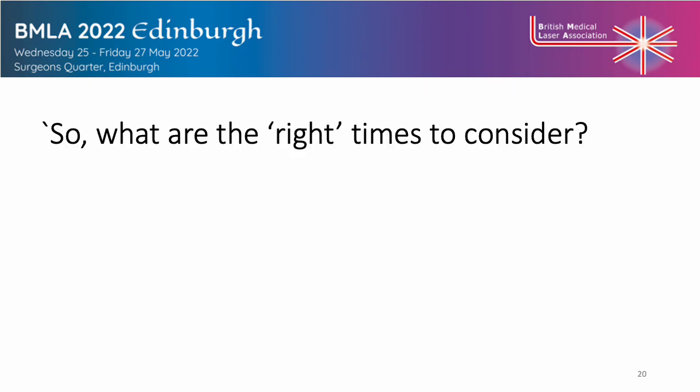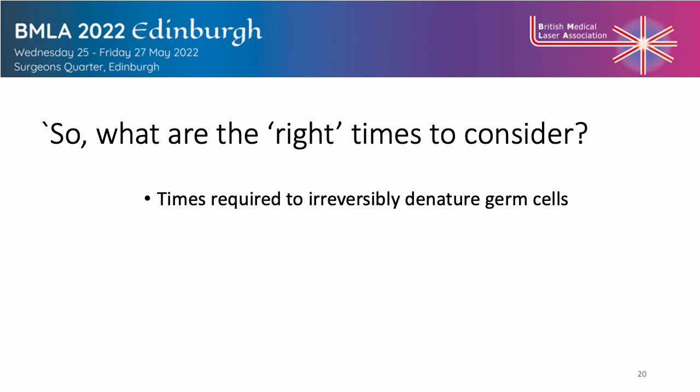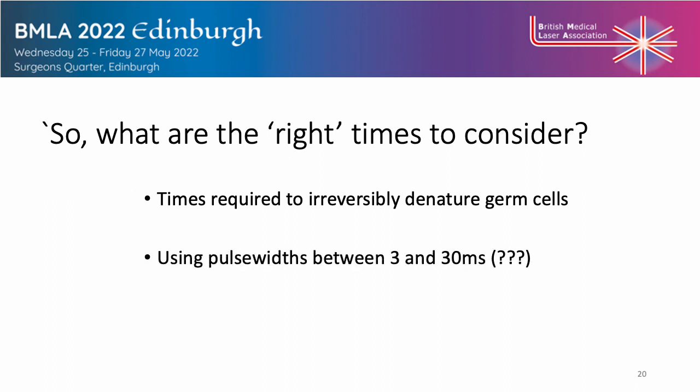So what are the right times to consider for these treatments? Well, what we're trying to do to achieve a good result is to irreversibly denature the germ cells or the stem cells of the hair follicles. By doing that, you can effectively kill the follicle permanently, and that follicle can no longer generate new hair. To do that, it appears that we need to use pulse widths typically in the range of around 3 to 30 milliseconds or thereabouts.